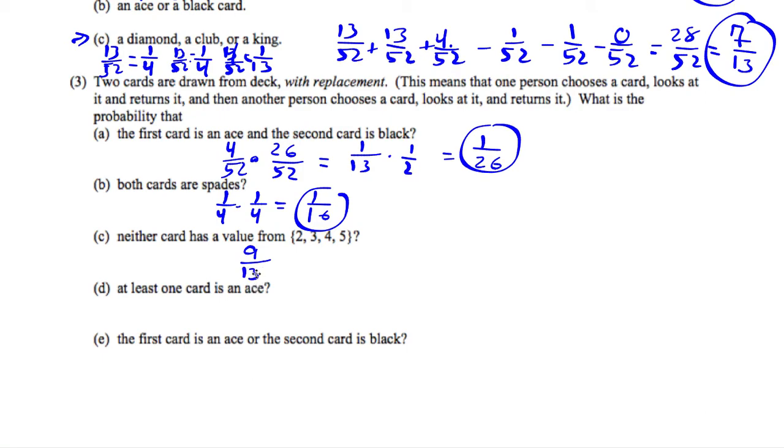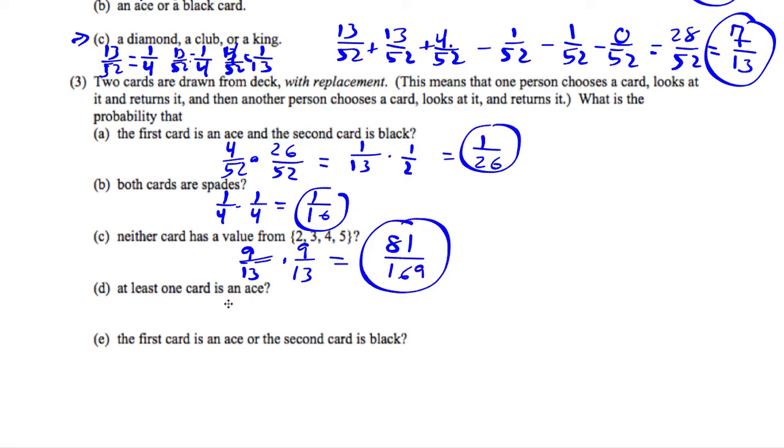So 6, 7, 8, 9, 10, Jack, Queen, King. That's 8. Oh, then the ace. Whoops. That's 9. So 9 over 13 times 9 over 13. So it's just squared, so it's 81 over 169.